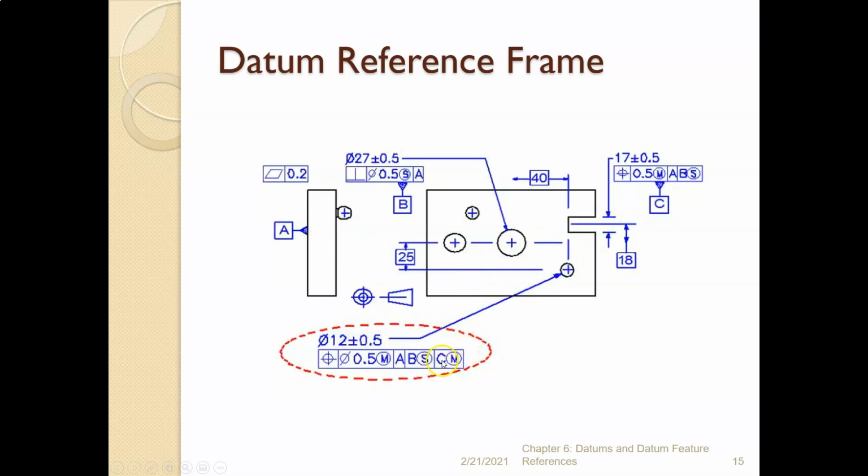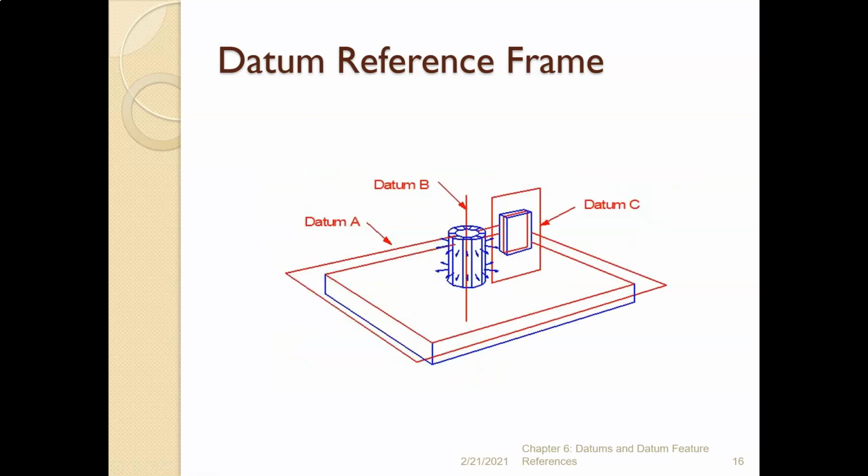And what is C? C is this slot right there. So that's datum feature of size C. In the ABCM datum reference frame, C is at maximum material boundary.